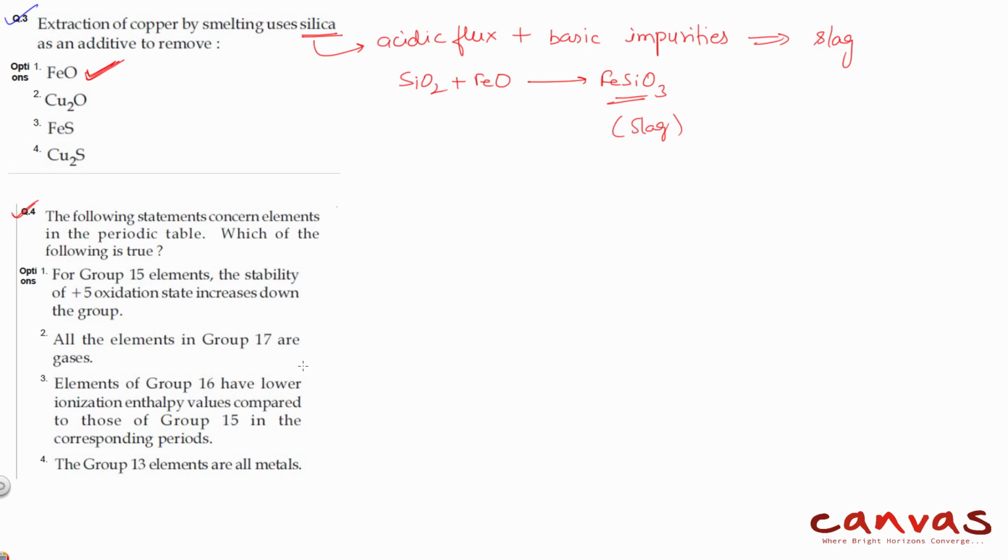Fourth question: the following statements concern elements in the periodic table, which is true? First option, for the group 15 elements, the stability of the +5 oxidation state increases down the group.